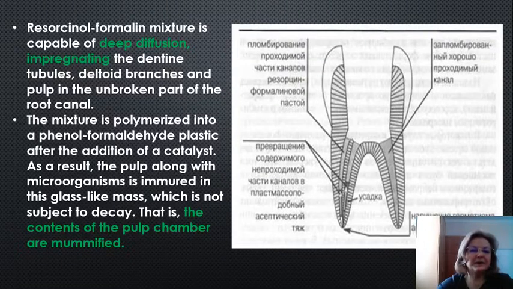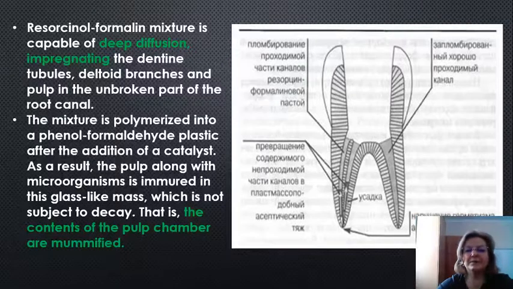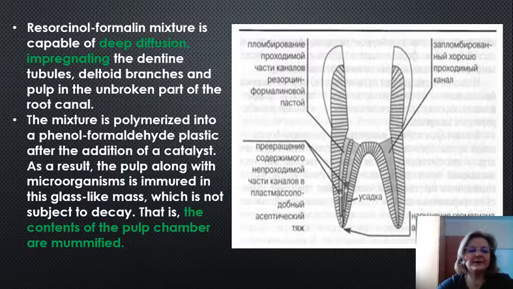Resorcinol-formalin mixture is capable of deep diffusion and impregnation of dentin tubules, deltoid branches, and pulp in the impassable part of the root canal. The mixture is polymerized into a phenol-formaldehyde plastic after the addition of a catalyst.